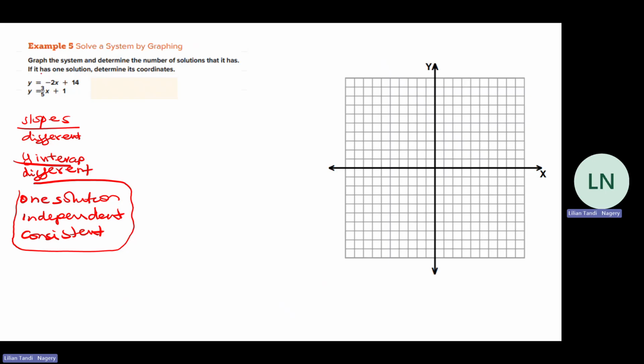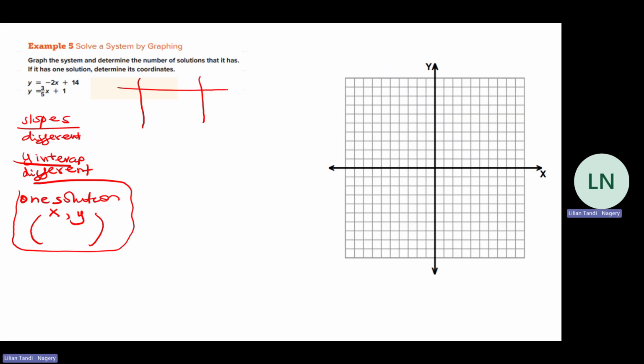Okay? This one asked me to graph the system and determine the number of solutions. If it has one solution, it did not ask me to say whether it's independent or consistent. So I need to come here, one solution, and I need to write my answer as x, comma, y. Okay, so now I take my first equation, I'll draw my table.